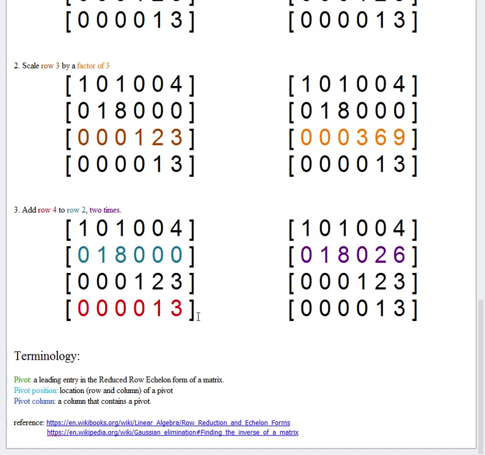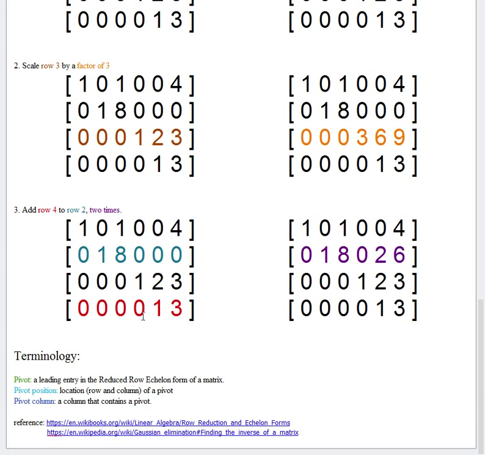So the pivot position, this can be kind of ambiguous as to what they mean by position. I take it as the location, meaning row and column of a pivot. And the pivot column is the entire column that contains a leading one, contains a pivot. So for example, the pivot columns in this matrix would be column 1, column 2, column 3 does not have a pivot, so that's not a pivot column.